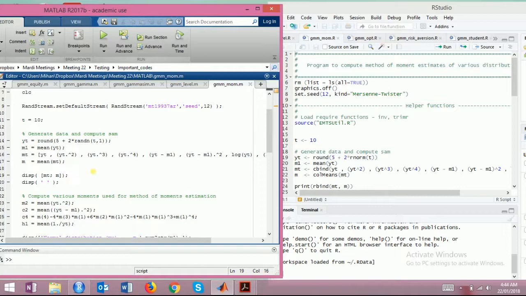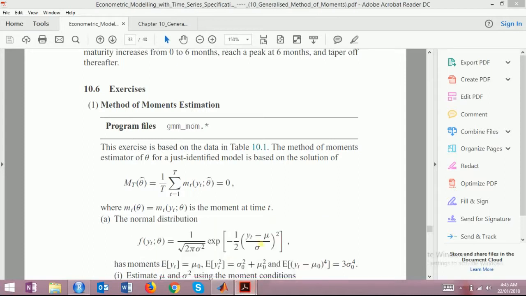First we have to simulate the data. So yt is 5 plus something. We are randomly selecting 5 because I don't think there is anything hinting us to get 5.